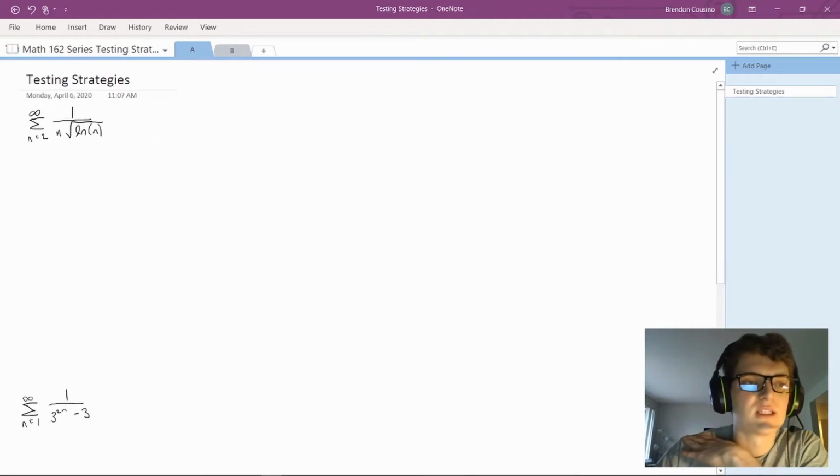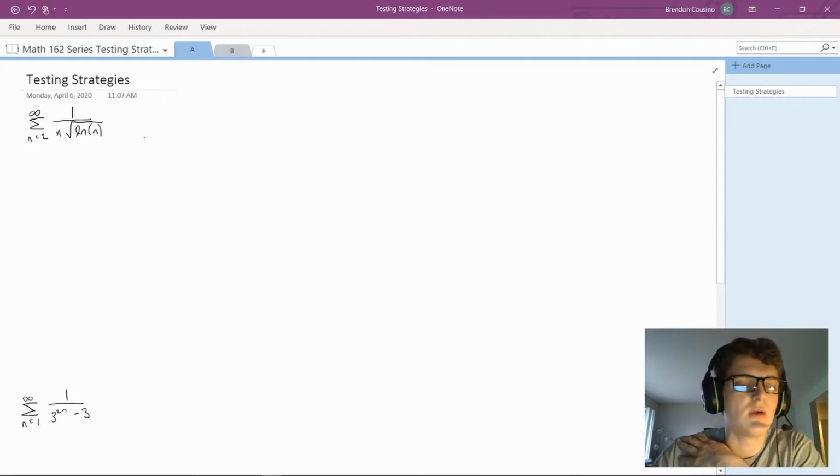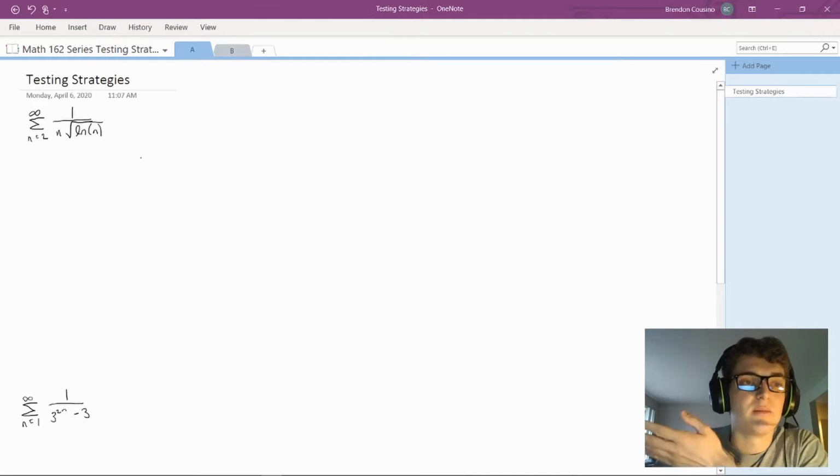For this one, it looks pretty easy. As n goes to infinity, the n goes to infinity, and the square root of ln of n also goes to infinity. So in the denominator we have infinity times infinity, and 1 over infinity is equal to 0, which tells us that the nth term test for divergence is inconclusive. Then the next thing I typically try is a direct comparison test.